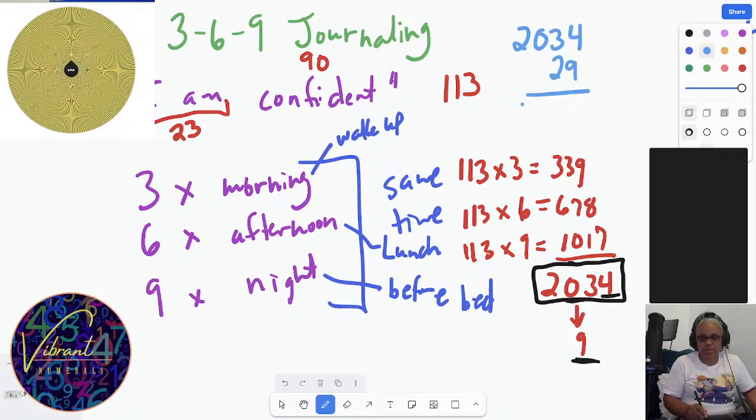Now we get 2060, which is interesting because you may not see it, but this is actually your life path number also. Because this adds up to 9, and then there's the 2.